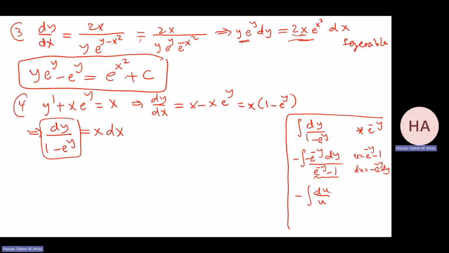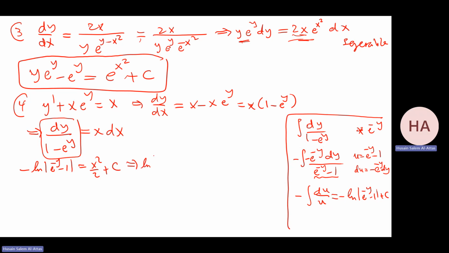So that gives me minus ln|e^(-y) minus 1| plus c. Okay, now integrate. You'll get minus ln|e^(-y) minus 1| equals x squared over 2 plus c. Now I want to manipulate it.